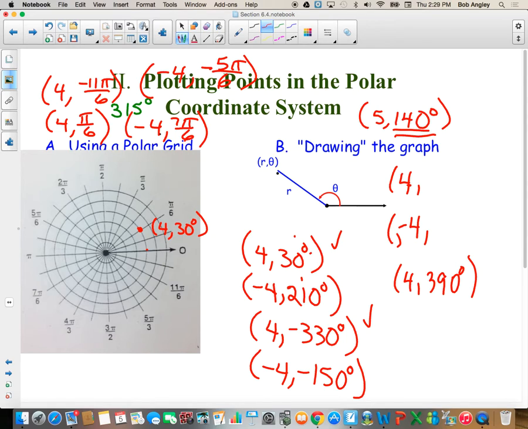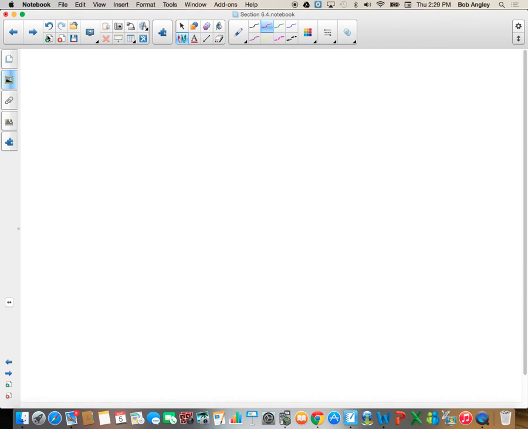Now, how about 4, and then what if I added 360 to this? 750. Do you see that all of those would work like that? In other words, I could keep adding 360 and 360 and 360, or I could keep subtracting it. Okay? Now, I want to put a blank sheet of paper in here for a minute.